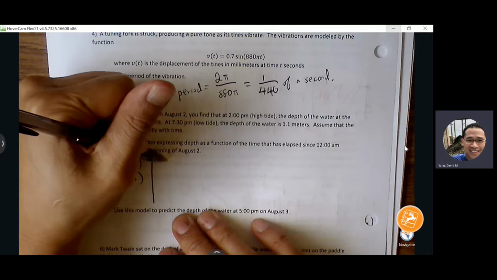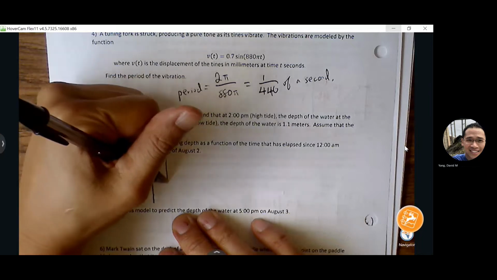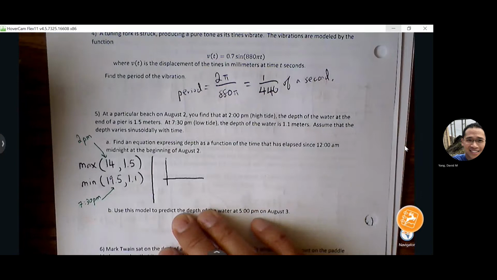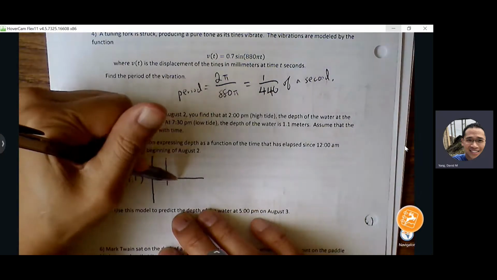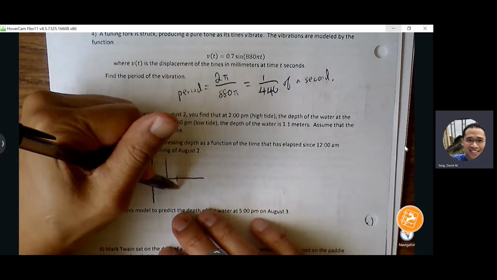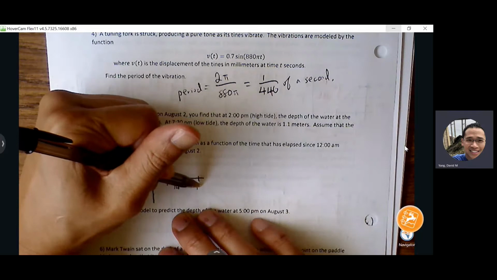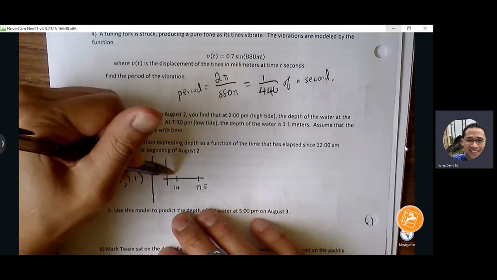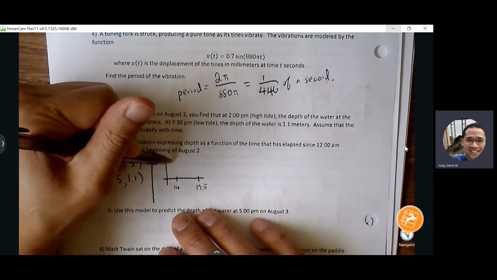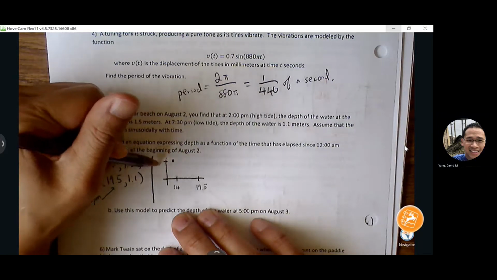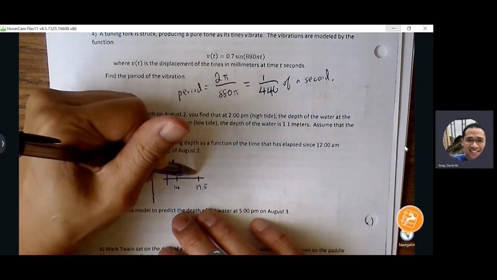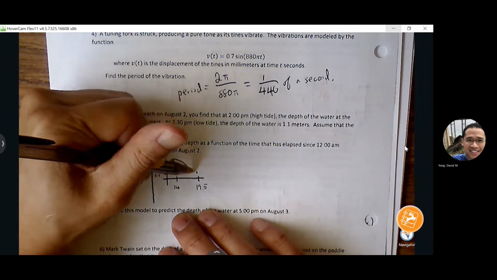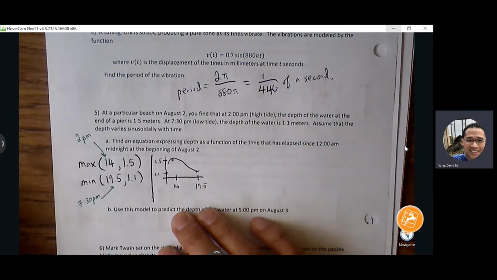Okay, so we know that this graph is going to go from 14 hours to 19.5. In that time period, it'll go from the maximum down to the minimum. Okay.